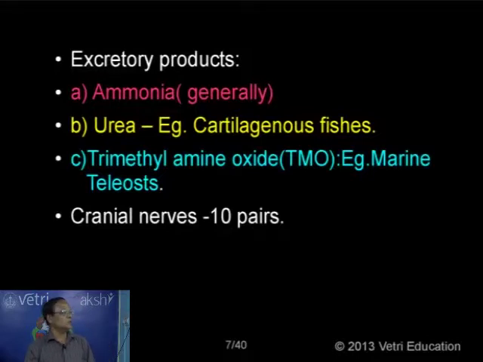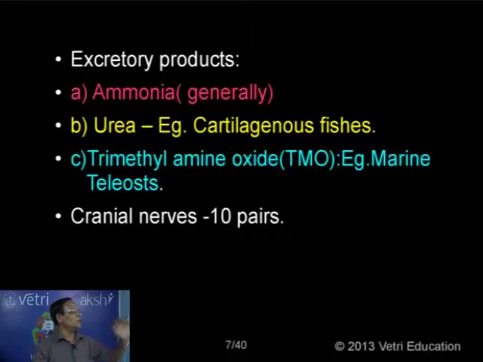That is why aquatic animals normally eliminate ammonia as the waste product. Animals which excrete ammonia are called ammonotelic. Urea excreting animals are called ureotelic. And uric acid excreting animals are called uricotelic.